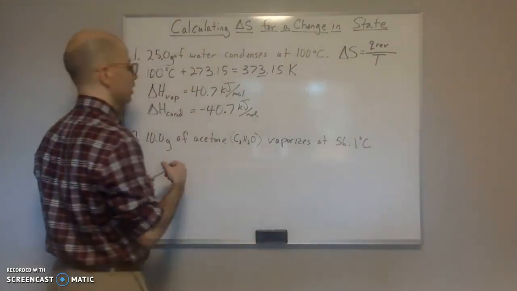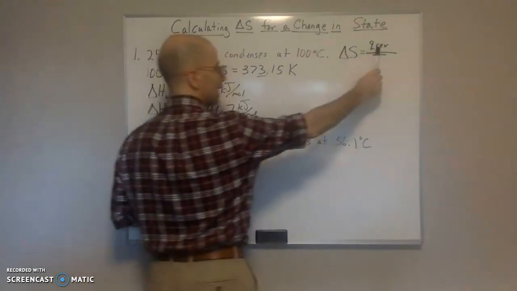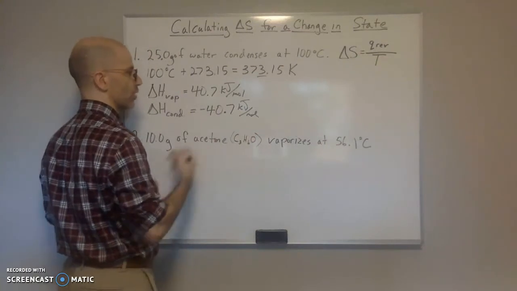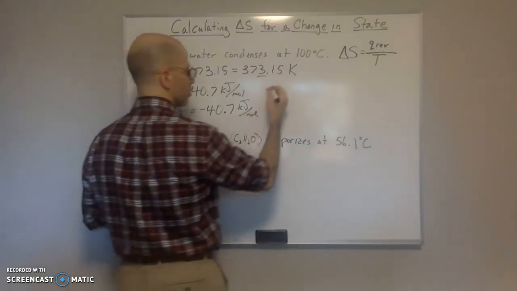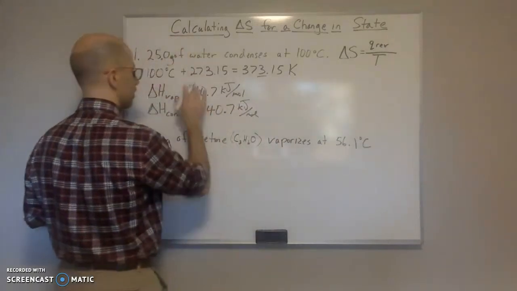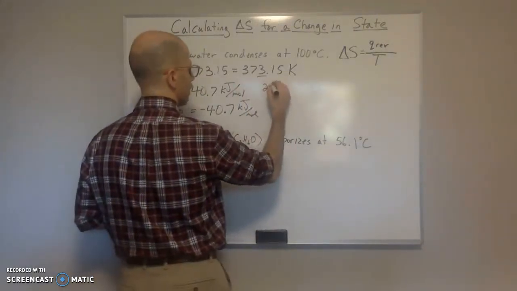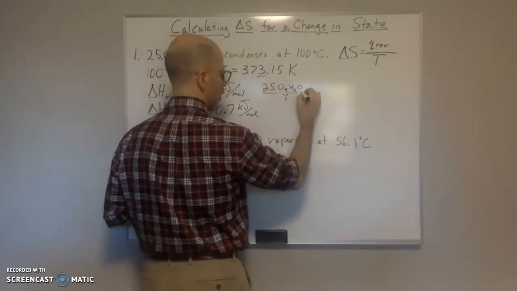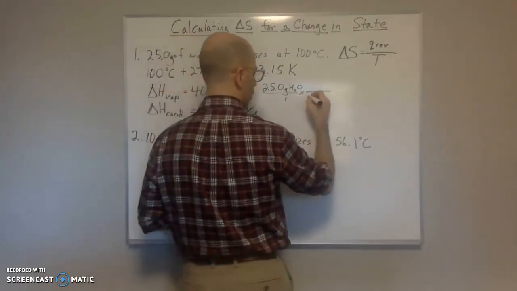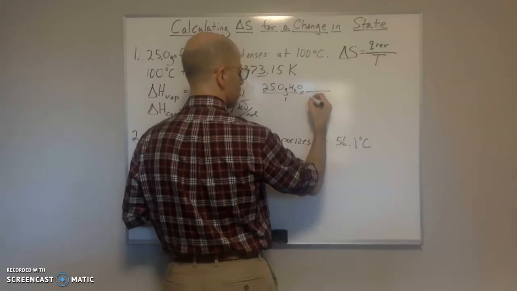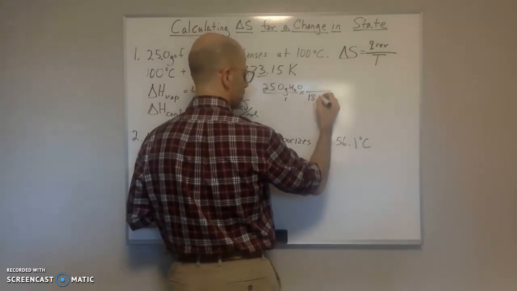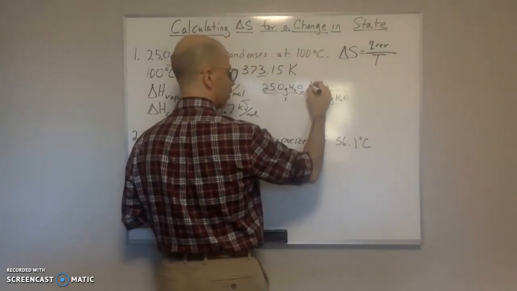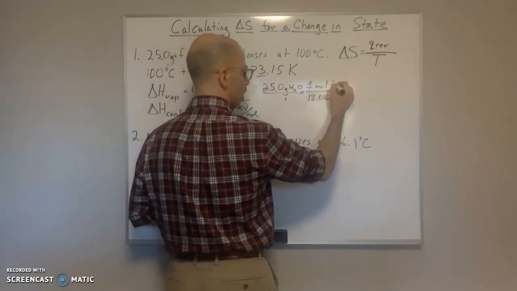Okay, so now that we have our heat of vaporization, we're going to use this to find the Q, the heat. So we need to get rid of moles. We just want joules. What we're going to do is take the 25.0 grams of water, H2O, over 1. We're going to multiply that by our molar mass, so 18.016 grams of water on the bottom, and 1 mole of water on top.